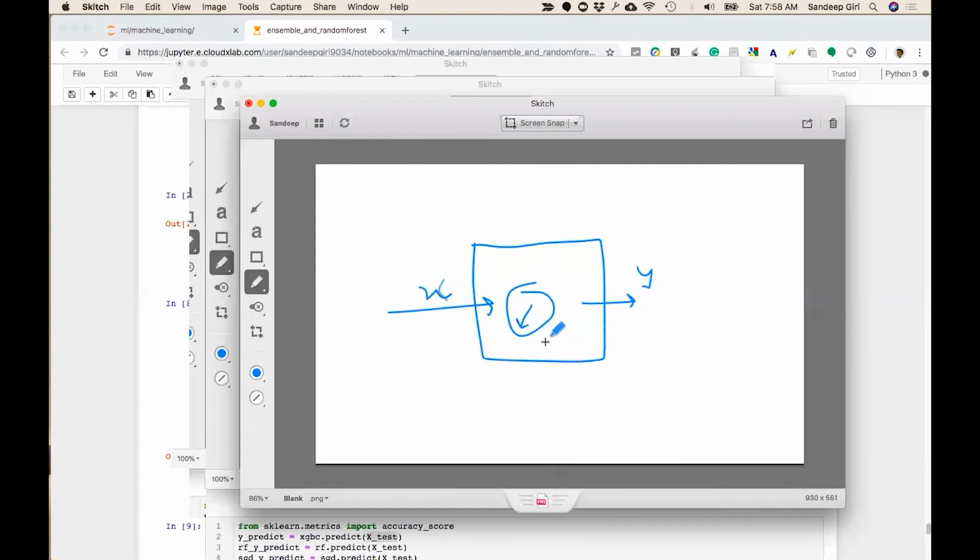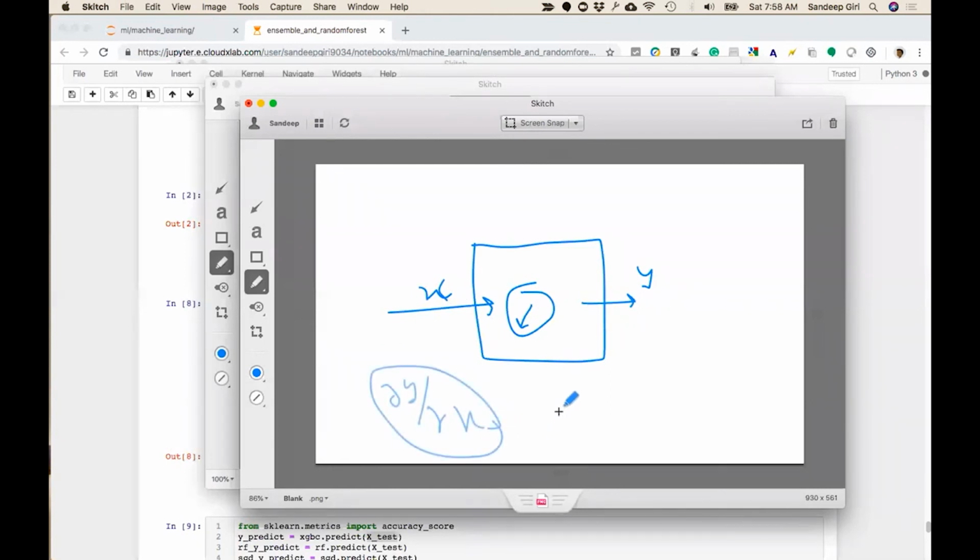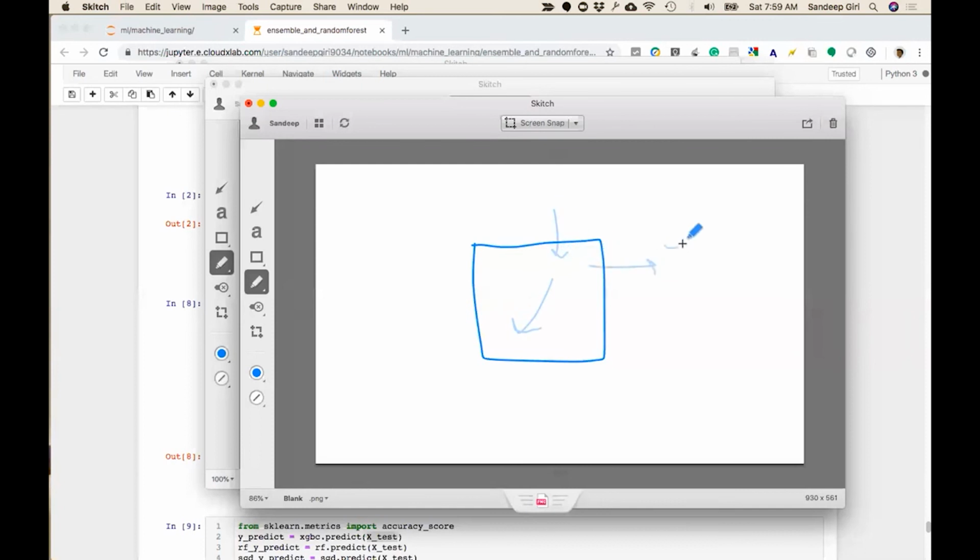As long as we can find out the impact of rate of change... Let's say there's some input coming and this is giving something, right?